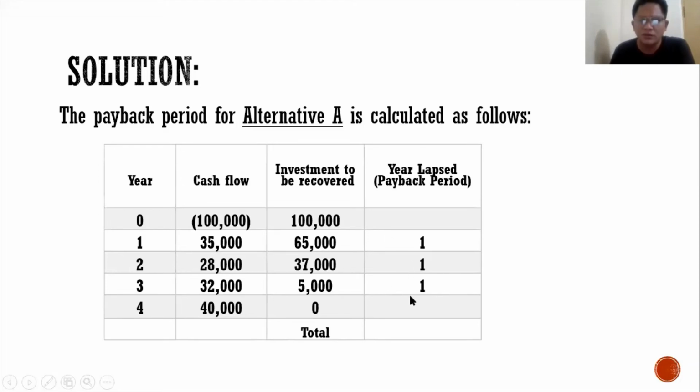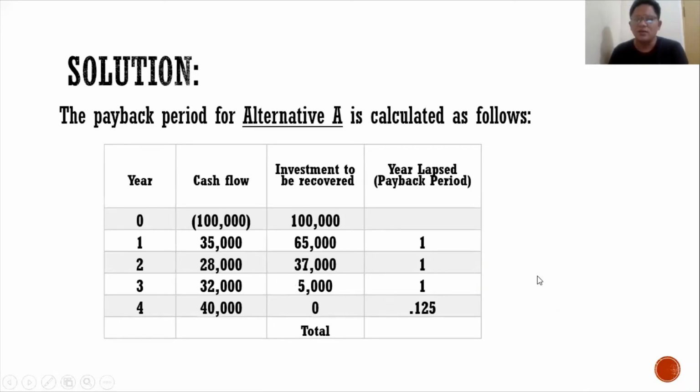So to compute the payback period for the last year, we divide the investment to be recovered by the cash flow for this year, and that's 0.125, or equivalent to about 1 month and a half. So the total payback period for alternative A is 3.125, adding these 4 figures.